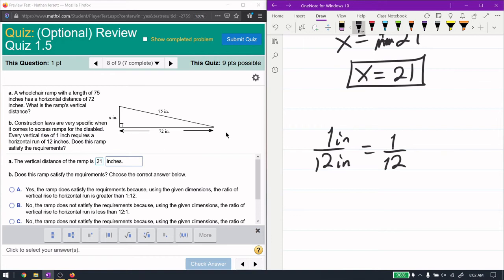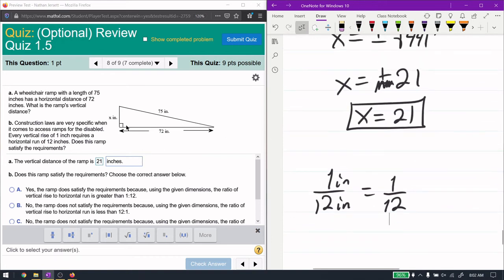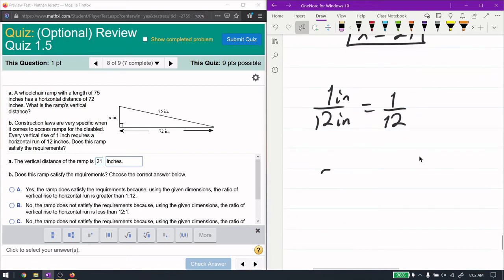And we also know that in our scenario we have a rise of 21, and we have a run of 72. So all we really need to do here is simplify this fraction down, because it's 21 inches over 72 inches.